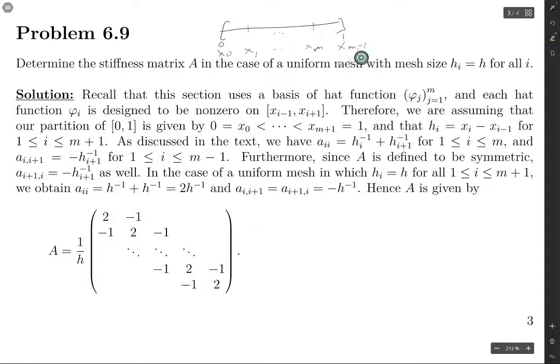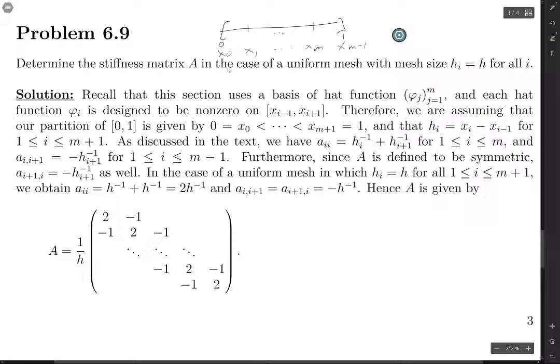And so the uniform mesh size h is going to be 1 divided by the number of gaps. Between each xi and xi plus 1 there's an interval of length h.